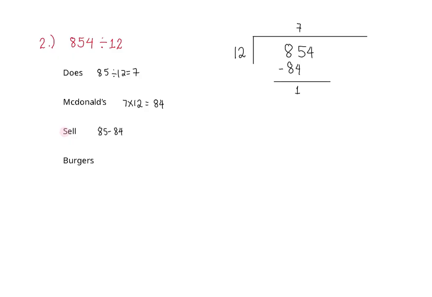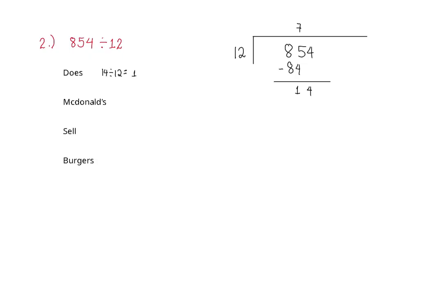Now take the next digit from 854, which is 4, and bring it down next to the 1, making it 14. Let's repeat the process. Divide 14 by 12, which gives us 1.